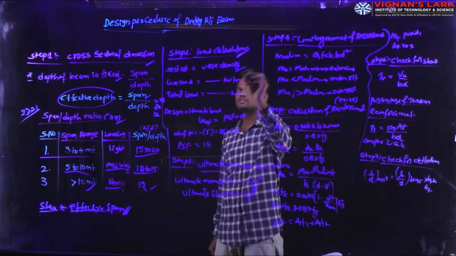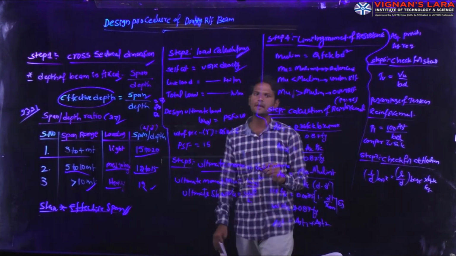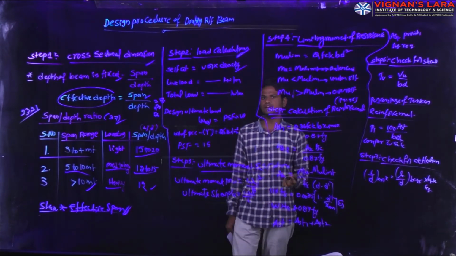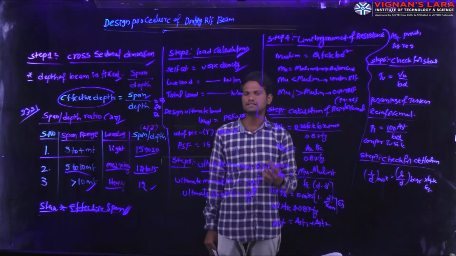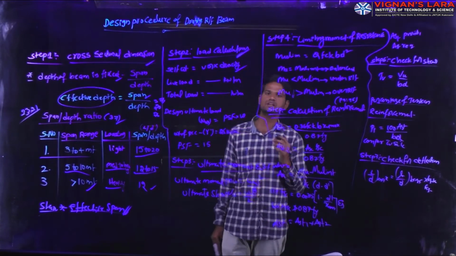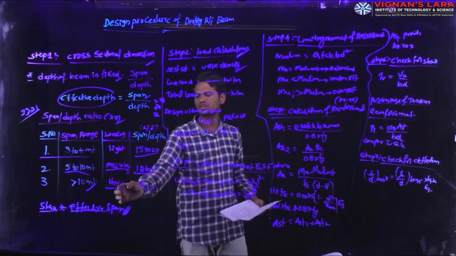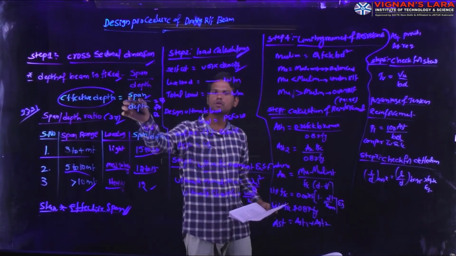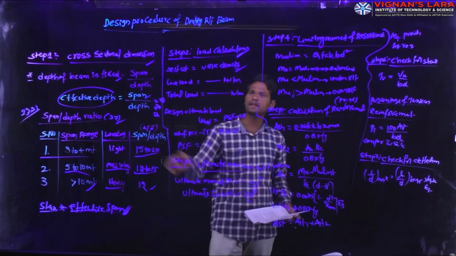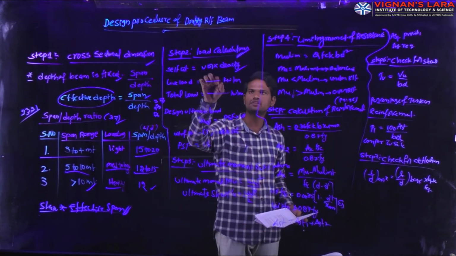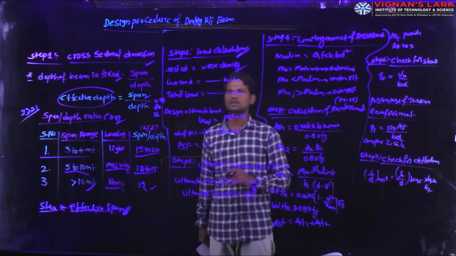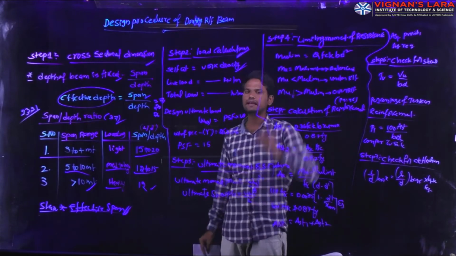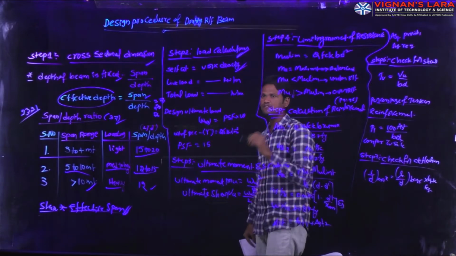First load is nothing but the self weight of the member, the weight of the member itself. What cross sectional dimensions you are providing, how much length, how much depth, how much width. Based on the cross sectional dimensions and what material you are using for the member, the dead load or self weight of the member will act.